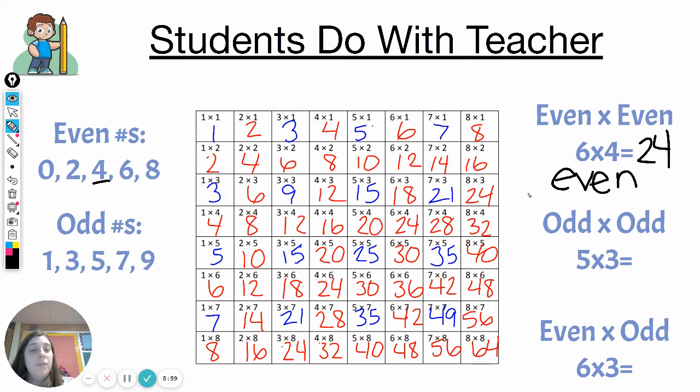Now let's do an example of odd times odd. I have the example 5 times 3, so take a moment and figure out the answer to 5 times 3. 5 times 3, we see right here, is 15.